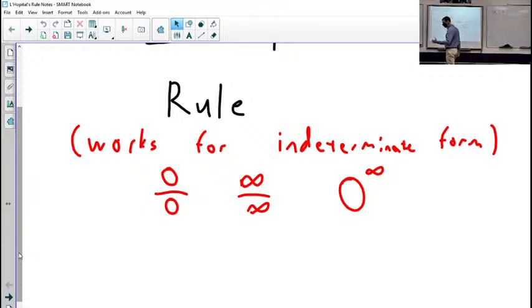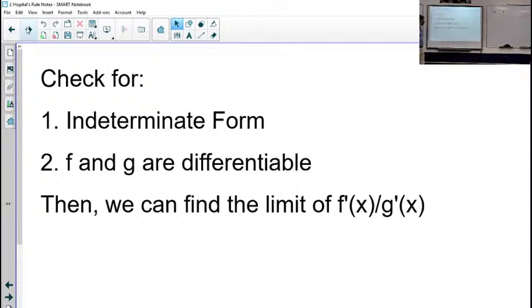So here are the things that you need to check for in order to do L'Hôpital's rule for these limits. 3 things, or 2 things we need to check for. Number one, an indeterminate form.